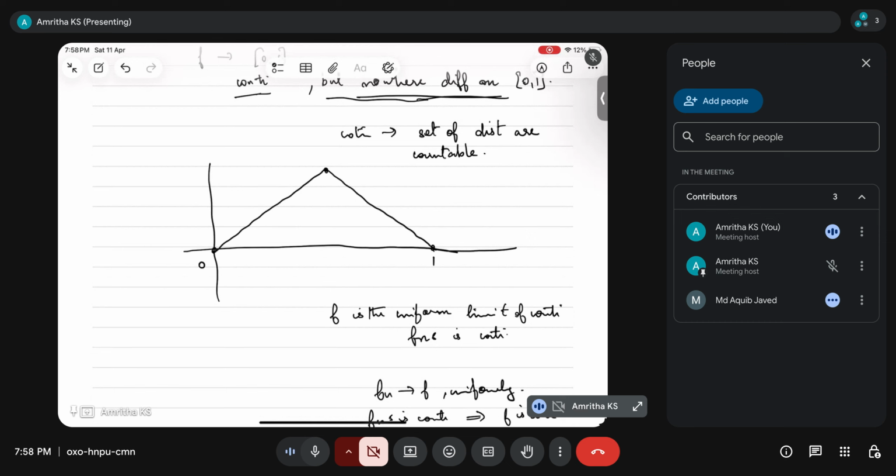So the thing is, this is our f1, and then we divide it into four intervals. Now, if this is 1 by 2, we take 1 by 4 and draw peaks here.